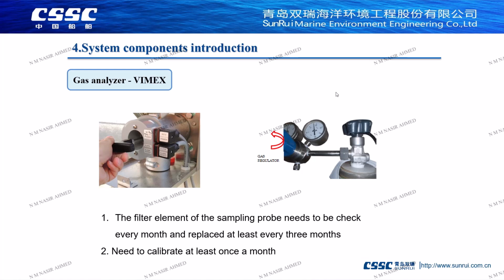At the same time, the VMAX flue gas analyzer requires sample gas calibration at least once a month. The SIC analyzer we talked about earlier can be calibrated directly internally and does not require sample gas for calibration.